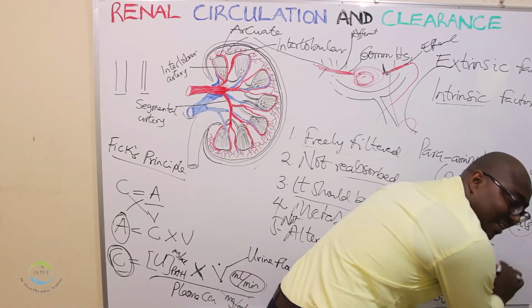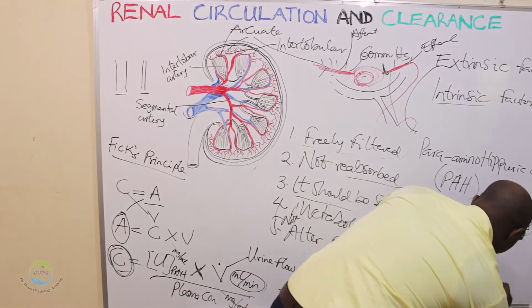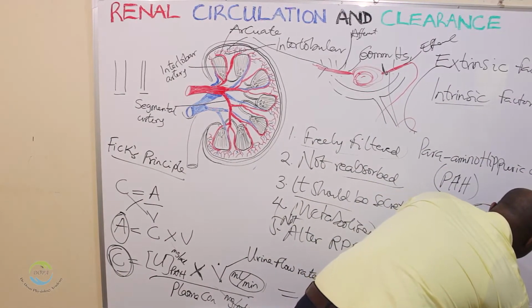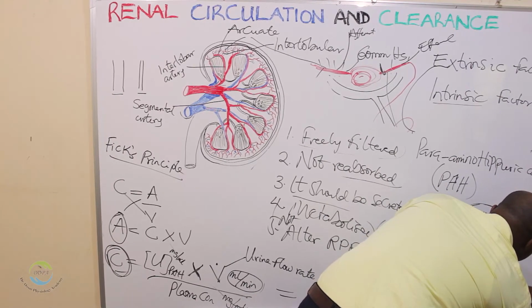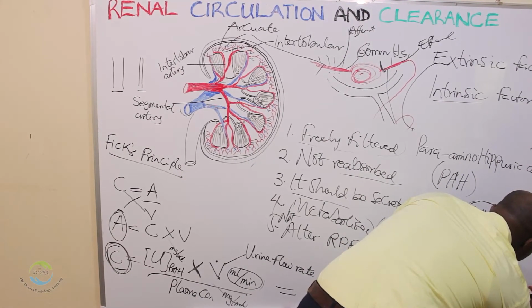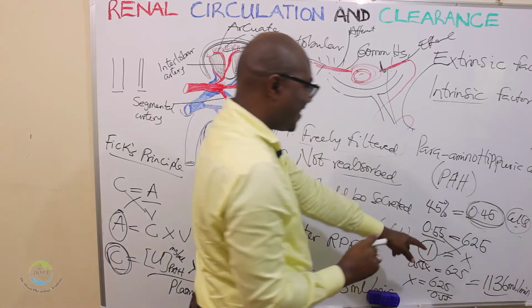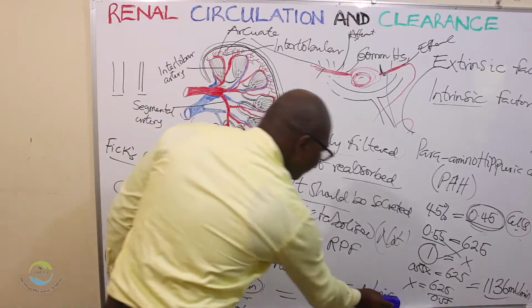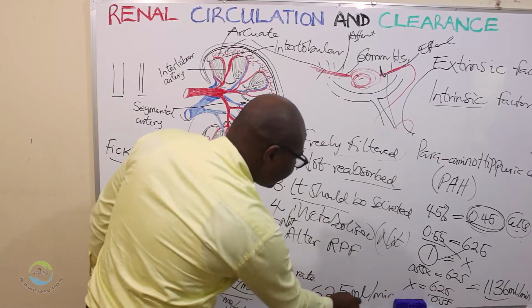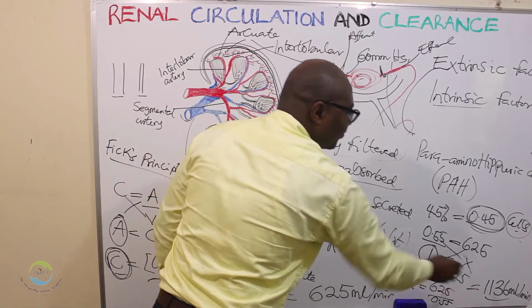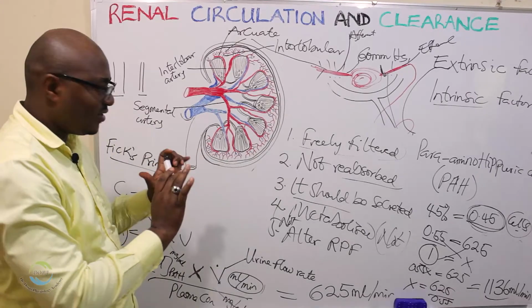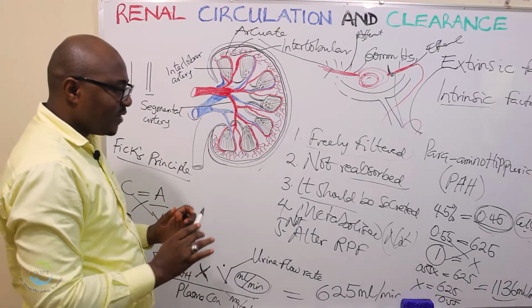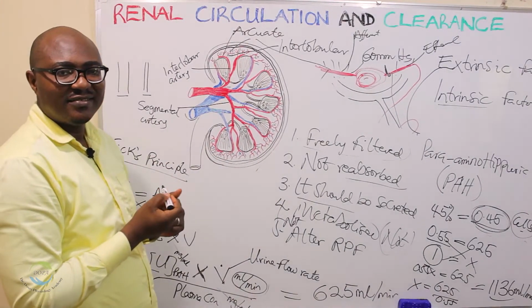So when you divide that, you get about 1,136 mils per minute. So that's the renal blood flow. Renal plasma flow is 625 mil per minute, renal blood flow is about 1,136. You see how we derived it logically, easily. So that's how to get the renal blood flow.